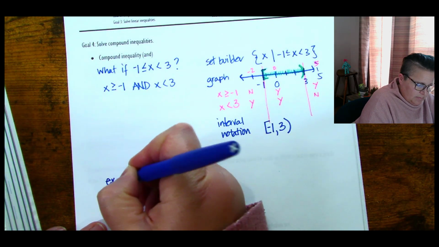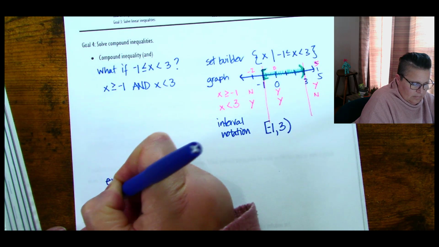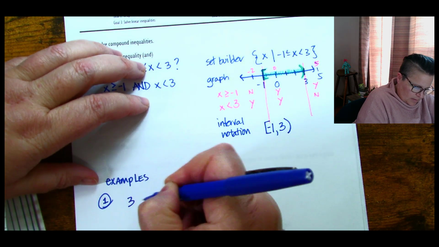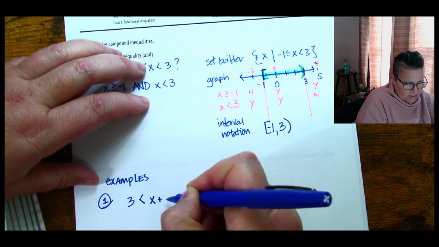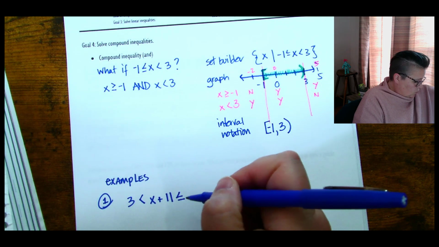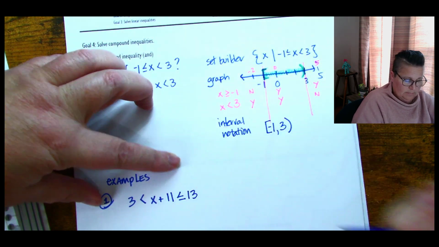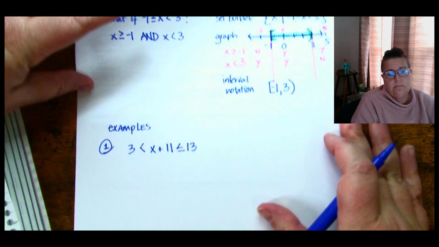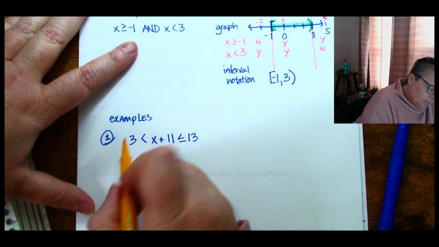All right, let's try some examples. Let's try 3 is less than x plus 11, which is less than or equal to, let's try 13. Okay, so we need to split this into 2 parts.